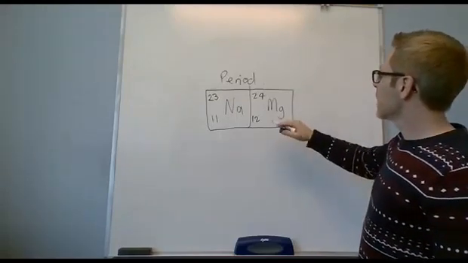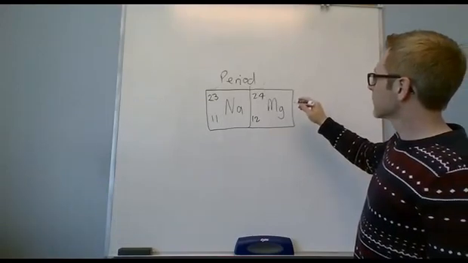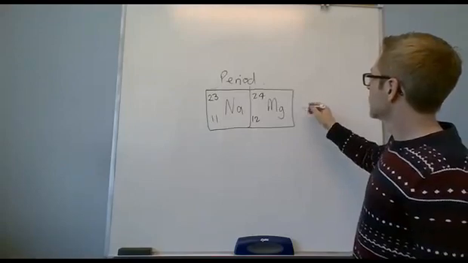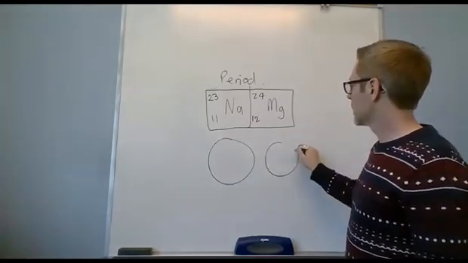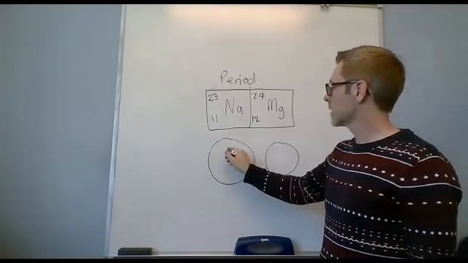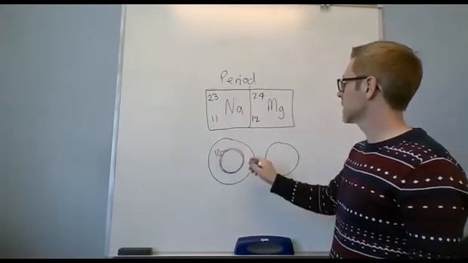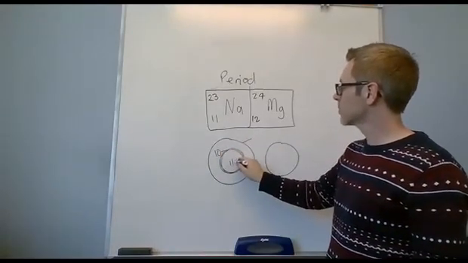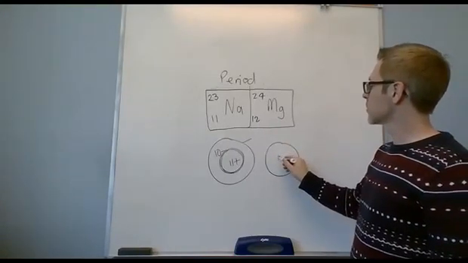Magnesium, we know is smaller. We said that sodium has 10 core electrons, 1 valence electron, and 11 protons. Magnesium has 12 protons.